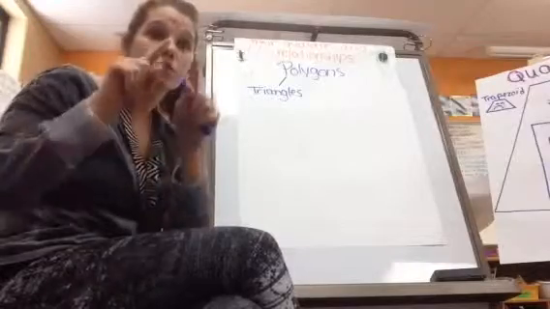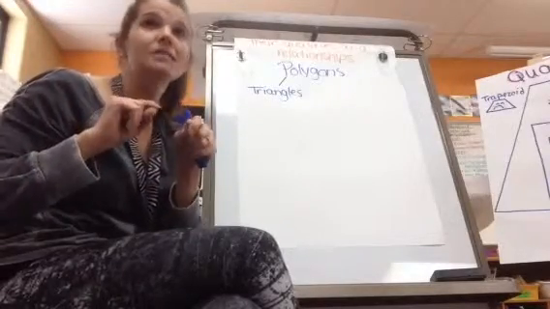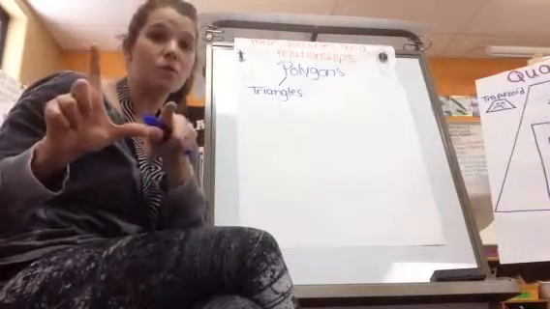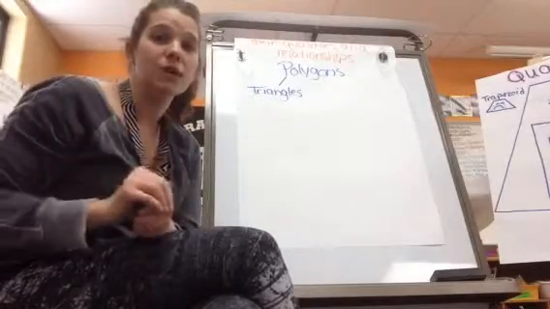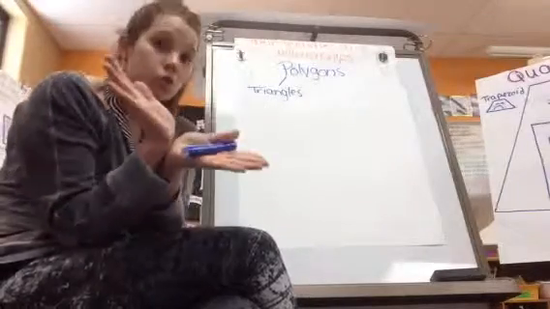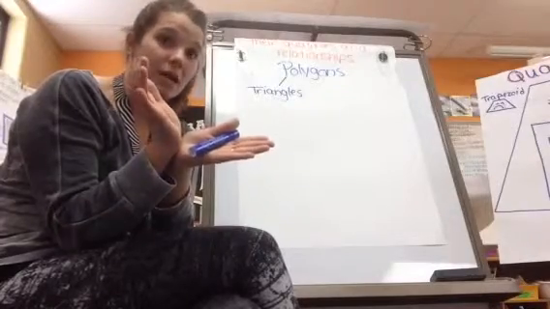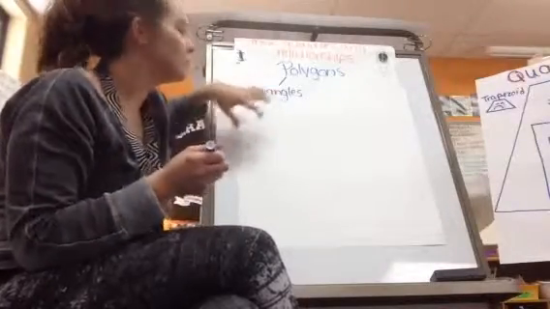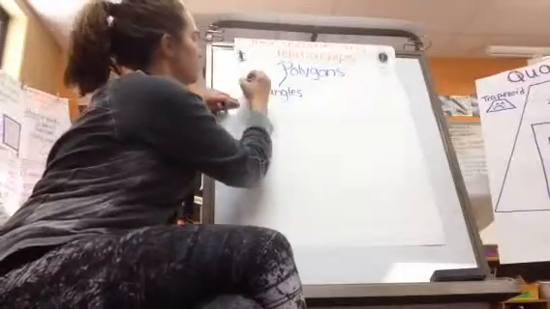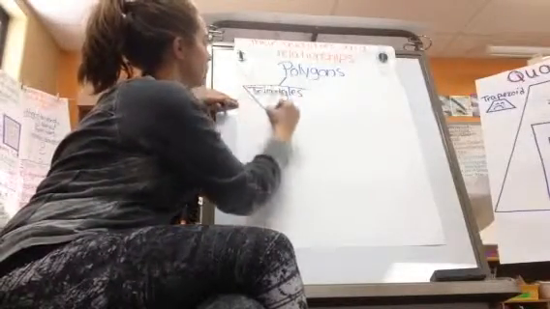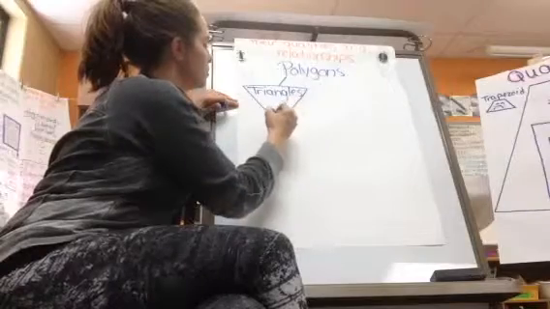We could have acute, where they're all less than 90 degrees. We could have a right triangle, where we have one right 90-degree angle. Or we could have an obtuse triangle that has one angle that's greater than 90 degrees. So I'm just going to write triangles here, and I'll kind of draw. Ooh, an upside-down triangle will fit perfectly. Triangles.